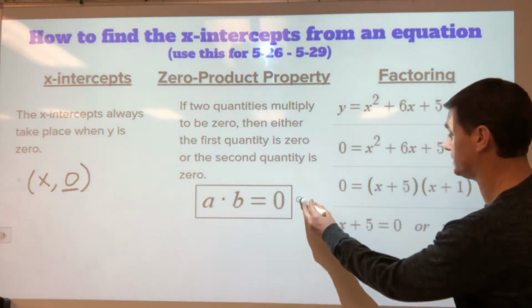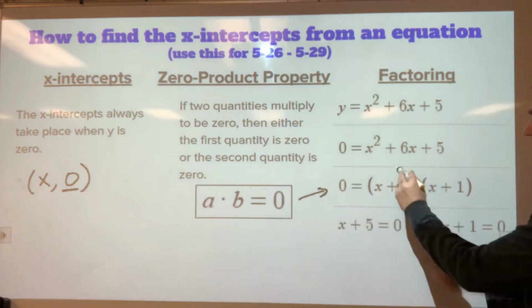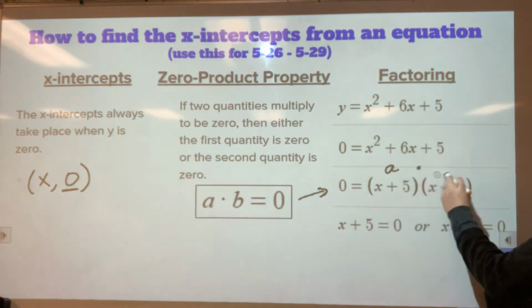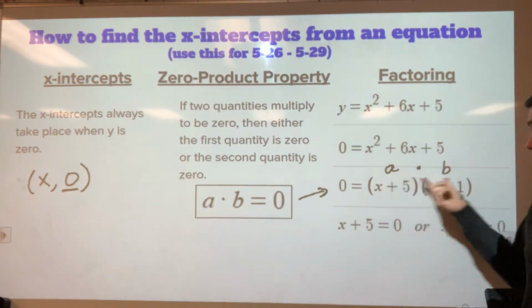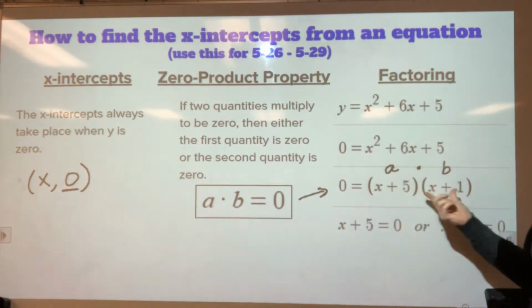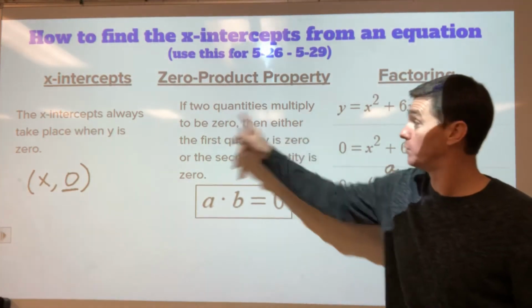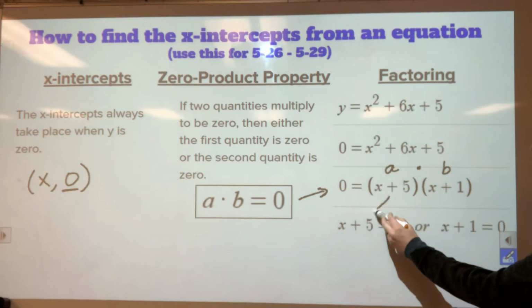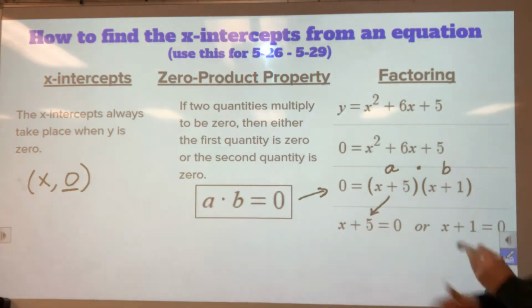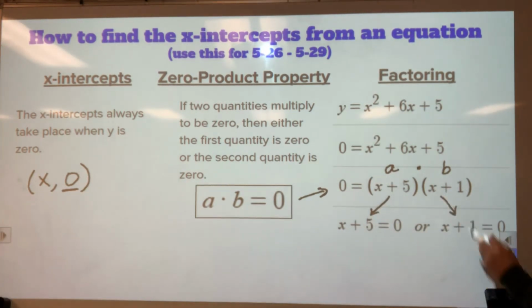Do you see how this connects to this? In this case, this is my a times this is my b. We've been calling it length times width, but a times b, it's still a quantity times a quantity. We have two quantities that multiply to be 0. And so either the first quantity is 0 or the second quantity is 0.